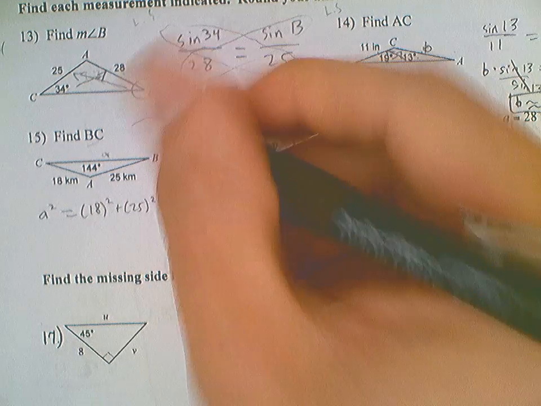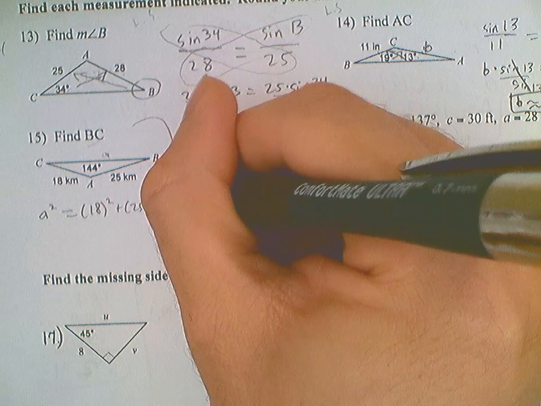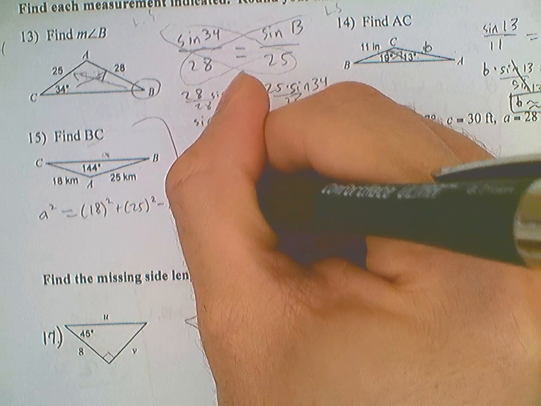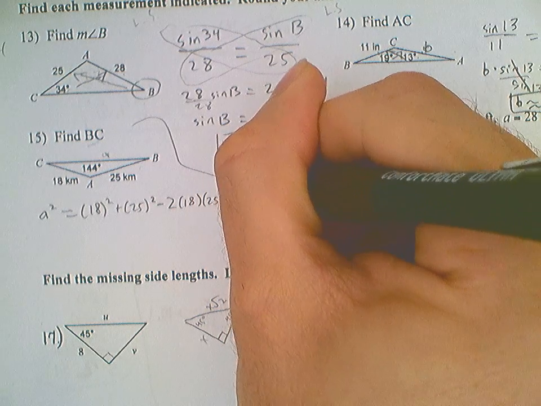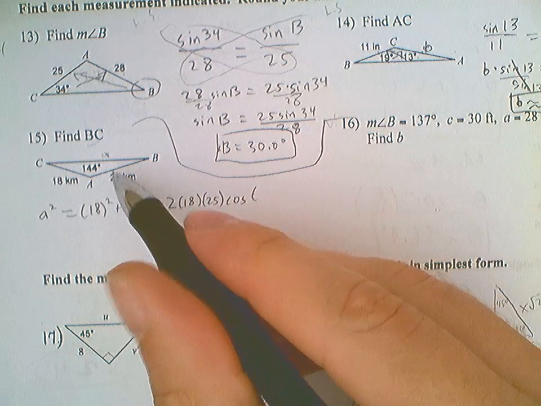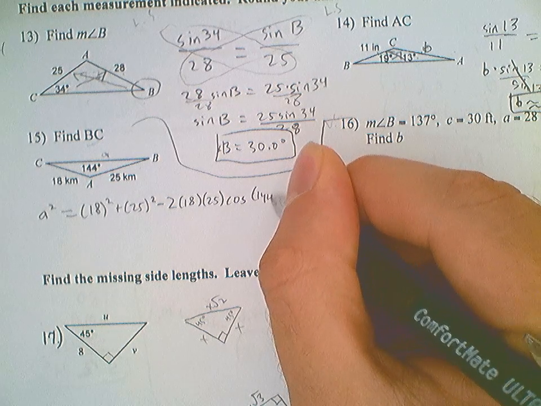So the other two sides squared, added together, minus 2 times those same sides, 18 and 25, times the cosine of that angle across from the side we're looking for. So cosine of 144 degrees.